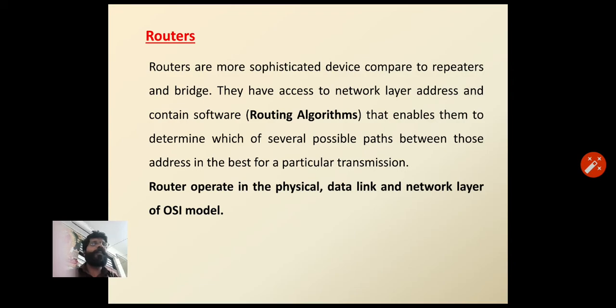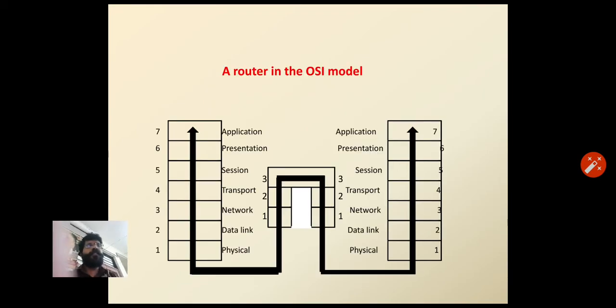We can illustrate it with a diagram. Here there are two networks, 1 and 2, and between the two networks a router is established.